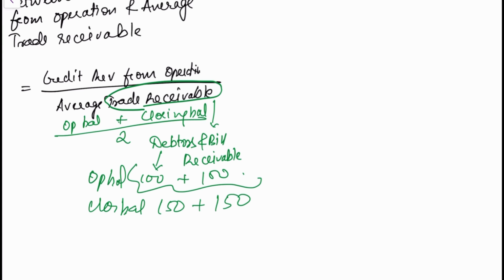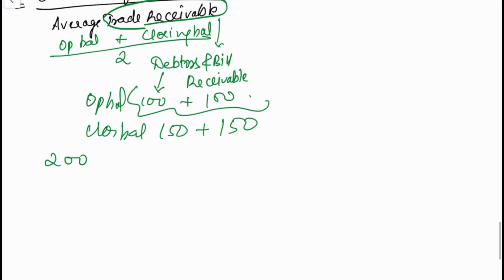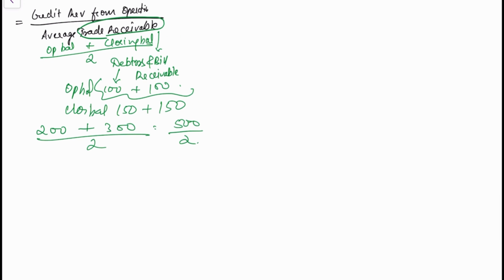Okay. So how will we calculate the average? We will calculate the average by taking the opening balance of debtors and bill receivable, that is 200, and the closing balance, that is 300, then divided by 2. 500 divided by 2. Like this you have to calculate the average trade receivable.